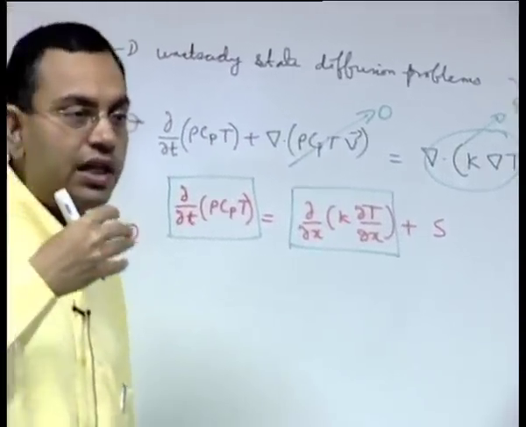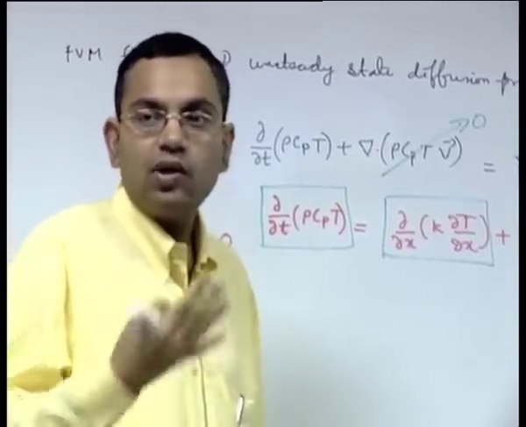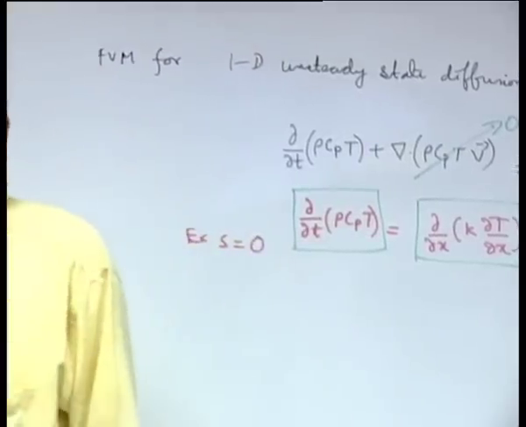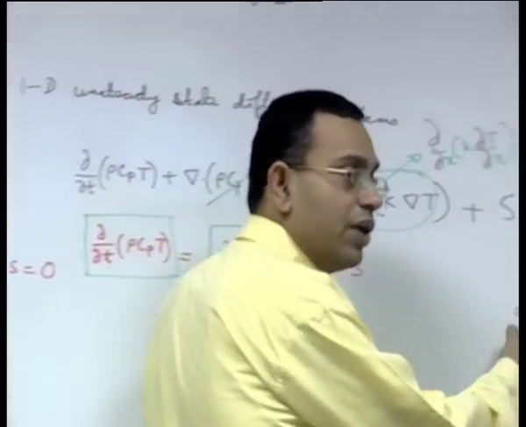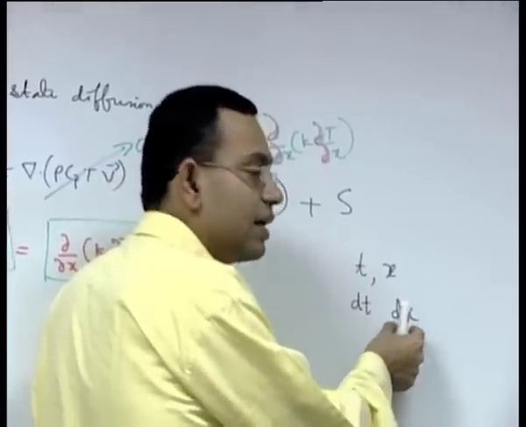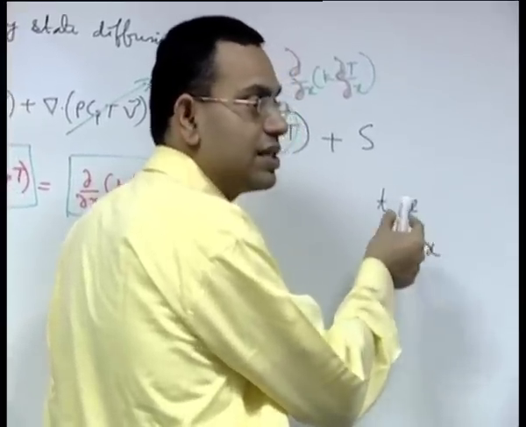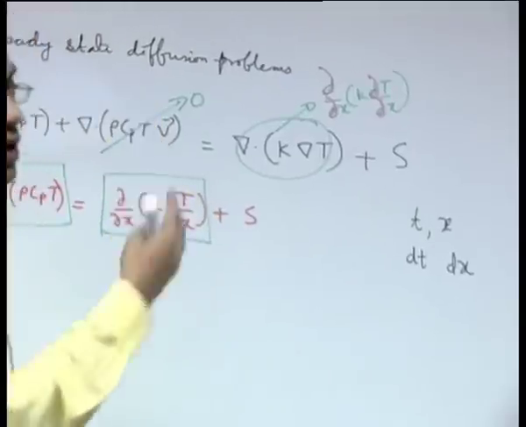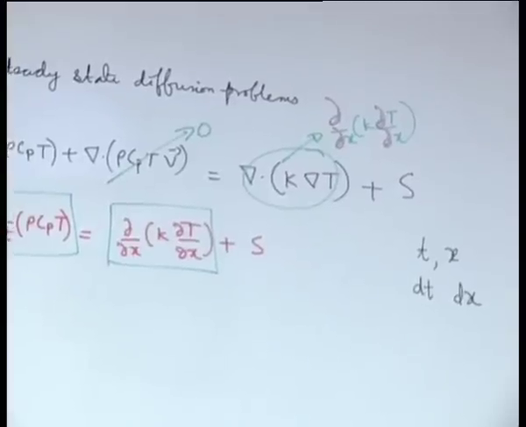If the domain is a physical volume, then that is alright, but even if it is not, it is the elemental space in the domain that we are considering. So we have a time coordinate and a space coordinate, and that elemental time into elemental space is a sort of element in the domain over which we are integrating the governing differential equation.